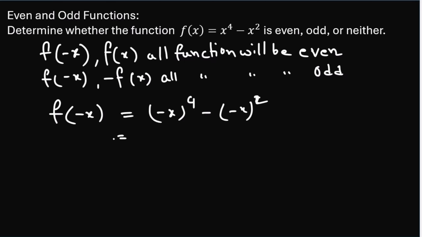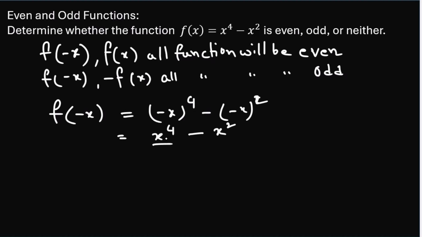So now we will get a positive x to the power 4 and a negative term here, so here we will get positive x square.